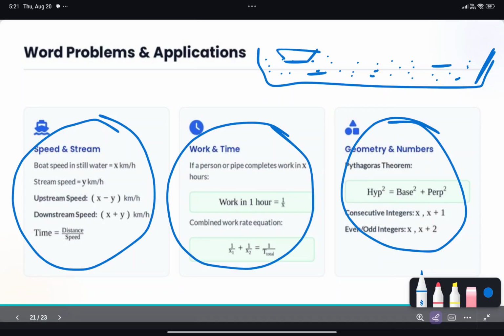This boat moves with speed, we don't know, x kilometer per hour. Here the water is still or not? Stationary, not flowing. Yes or no? Say 7 kilometer per hour. In 2 hours time period, it can cover 14. Clear?